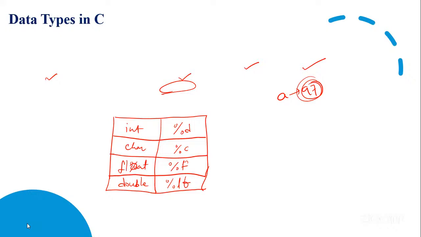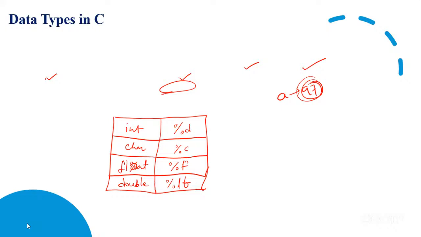So these are the format specifiers. Format specifiers are necessary while giving input to the keyboard in C program. Just remember, the format specifier of integer is %d, character is %c, float is %f, and double is %lf.